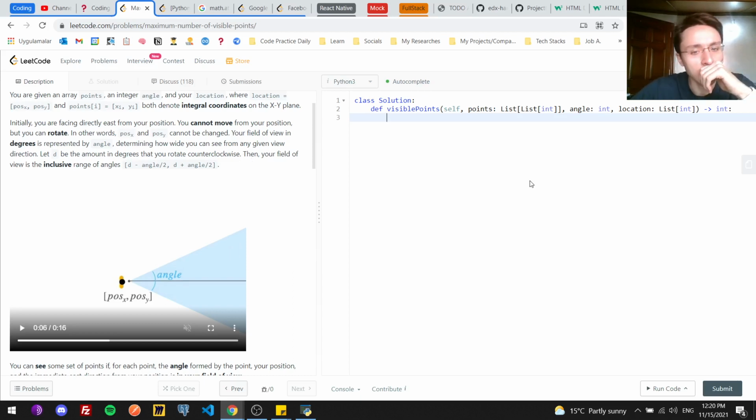So if we have some sort of function that checks the number of points, if we check every possible angle, 360 followed by 360, if we slowly rotate, then we have to compute everything again.